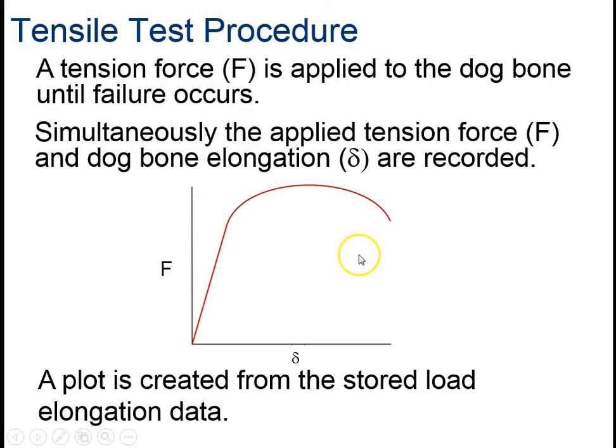This is our standard stress strain graph, and I've given you a copy of this. You should put this in your notebook, and as you go through this video, you should make notes on the graph I gave you. Here they're graphing force versus elongation.